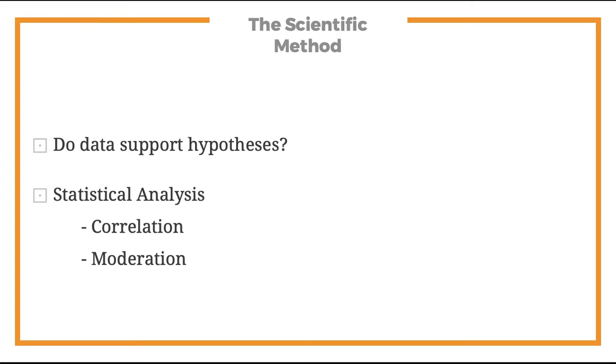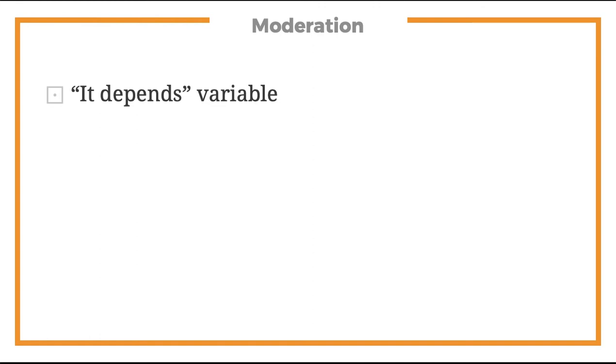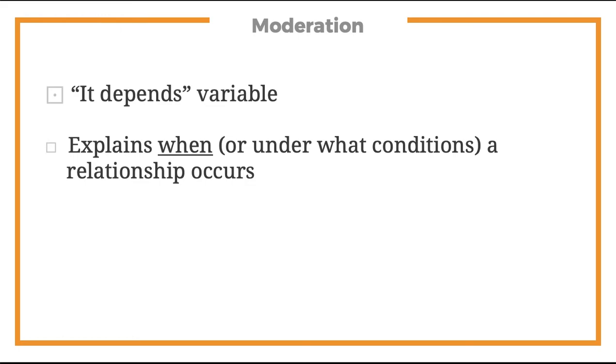So when we talk about moderation from a statistical perspective, what we're really saying is it's an it depends variable. So this variable is going to tell us when two other variables might be related. So with moderation, again, it explains when or under what conditions or under what situation or circumstance a statistical relationship occurs.